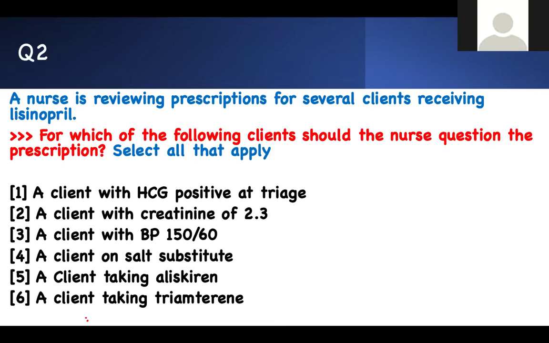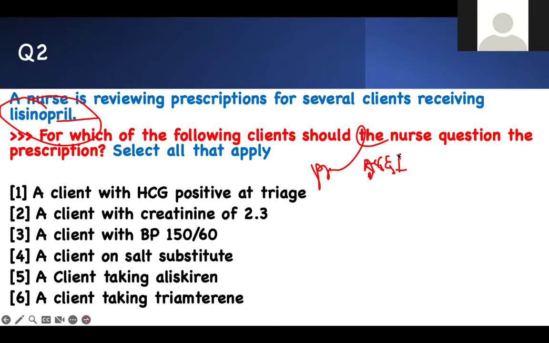What do you need to know? The next thing you need to know is what class of medication it is and what the side effects are. This is the name of those medications: the "-pril," lisinopril. The major side effects of lisinopril are called ACE, which is what? Angioedema, cough, and what? The E is basically electrolyte abnormality. There is another one, the I, which I usually add as teratogenic, right?